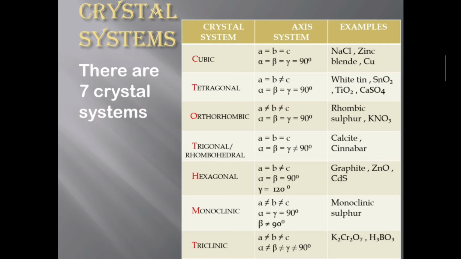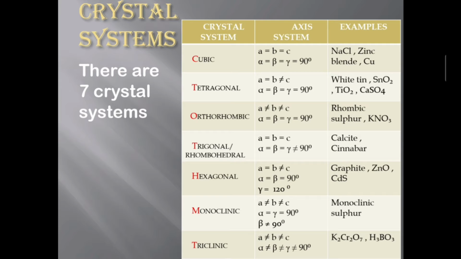As you guys know, there are 7 crystal systems. They include cubic, tetragonal, orthorhombic, trigonal, hexagonal, monoclinic, and triclinic. To remember this table easily, first you have to remember the crystal system names.